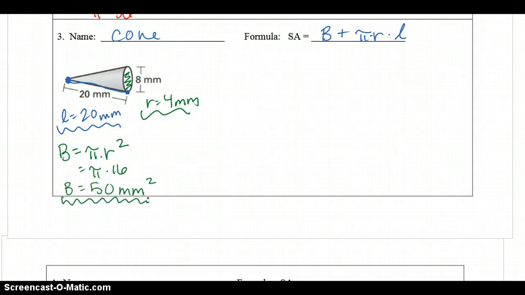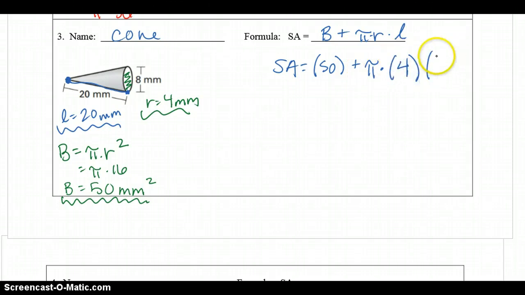So we should have all the pieces that we need to plug into our formula. The surface area is equal to 50 for the area of the base, plus pi times 4 for r, times 20 for L. So we're going to multiply first, and then we can add.